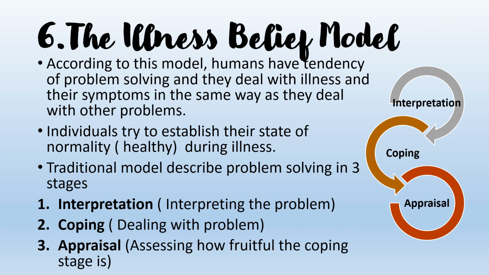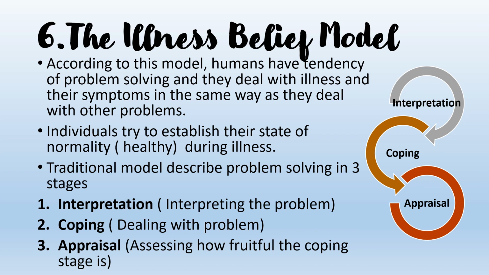So overall the illness belief model stresses the problem solving tendency, and the stages are: first the person interprets whether this problem is threatening for me, or whether there are going to be some severe future consequences. Then he starts coping with it, dealing with the problem, maintaining different schedules for making a healthy lifestyle, and then at the end he assesses how fruitful this coping stage is.